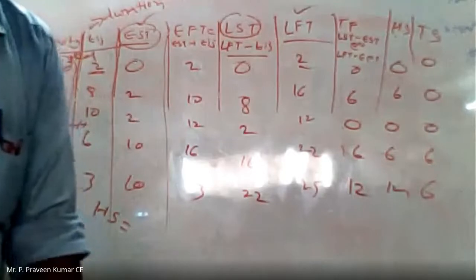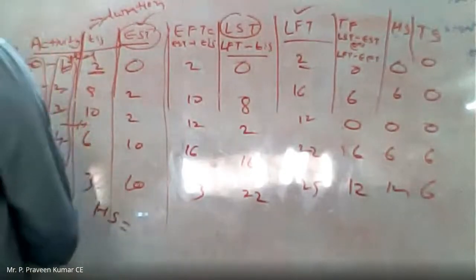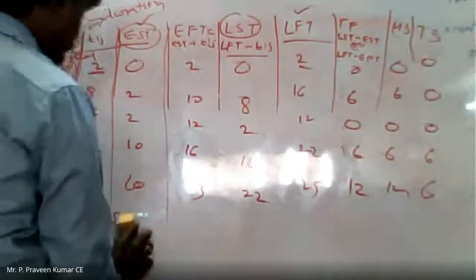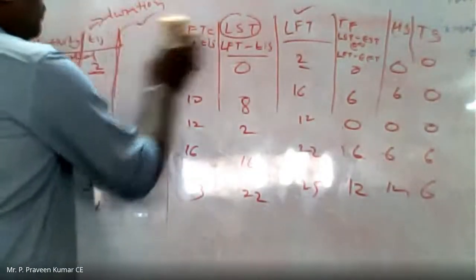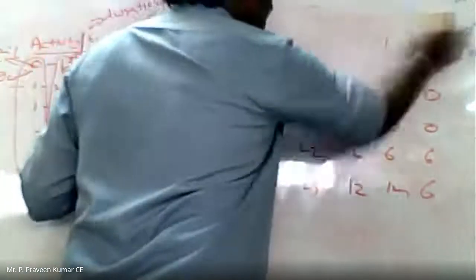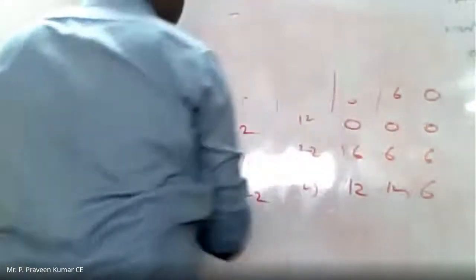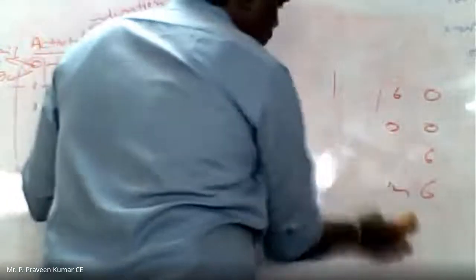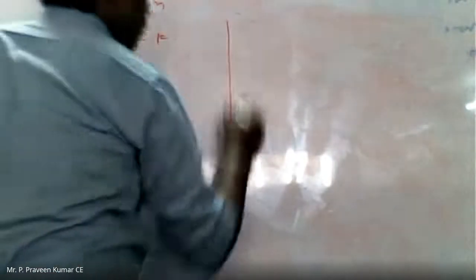Now we need to calculate free float and total float. Now I am going to rub this part. Now coming to the free float, what is the formula?